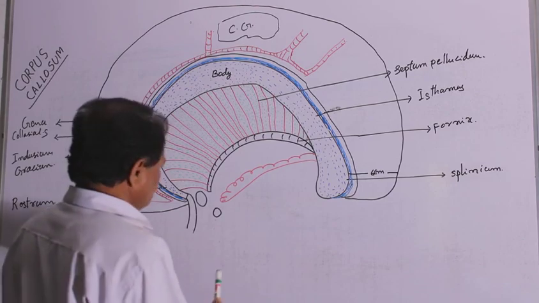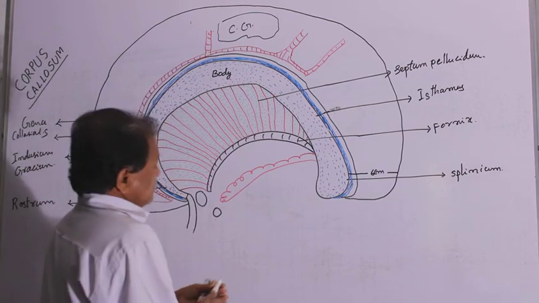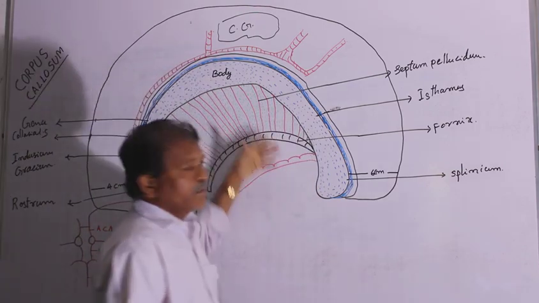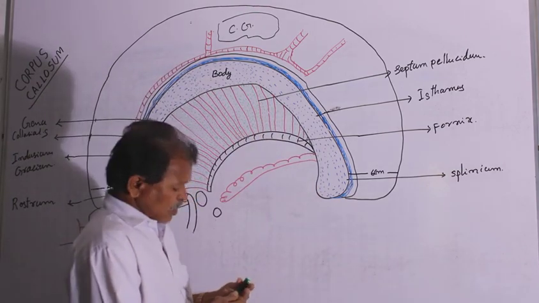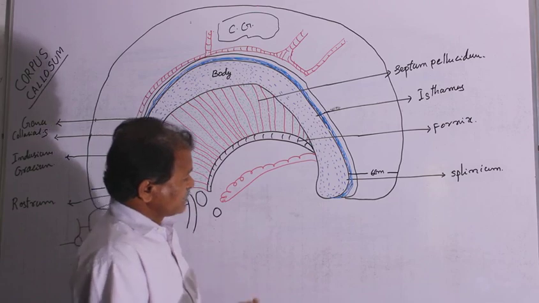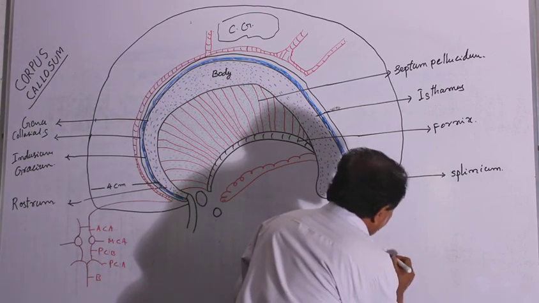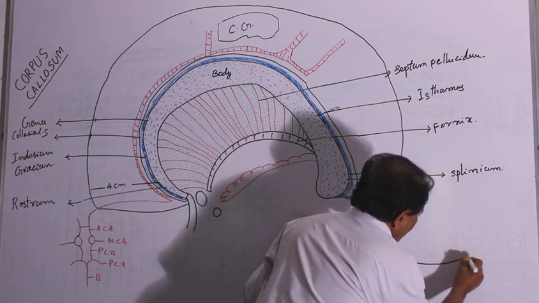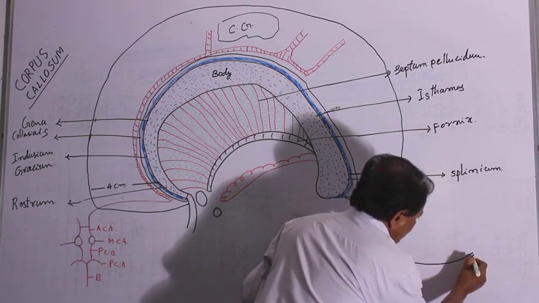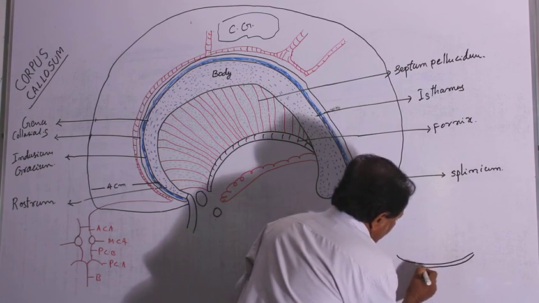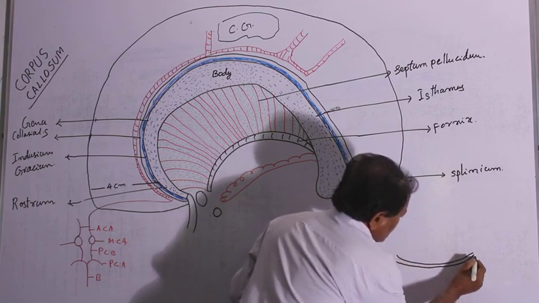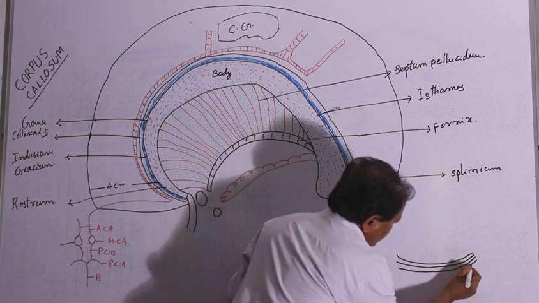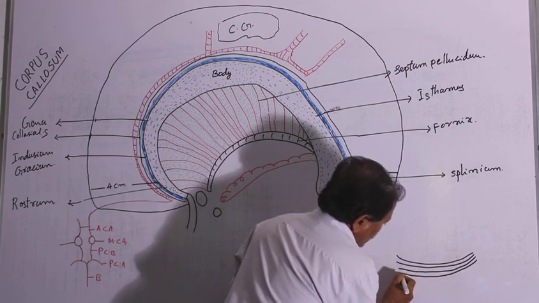Suppose here, this one is in the mid section, and in the coronal section, these are the fibers of the corpus callosum.